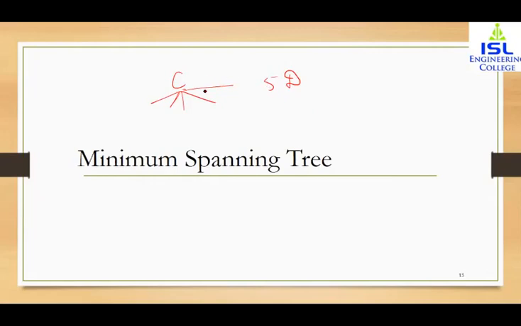So basically, there is a path between each computer center and we need to decide which kind of telephone line we should lease so that the cost is the minimum.